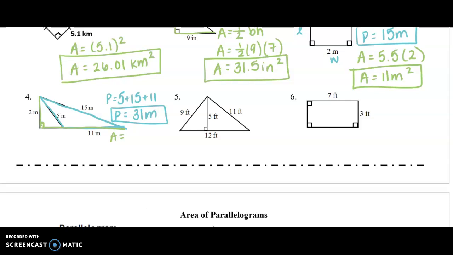And that's going on with an extension of this distance here, which is my base. Okay, so 1/2 my base, which is 11, times my height, which is 2. So my area would be 11 meters squared.